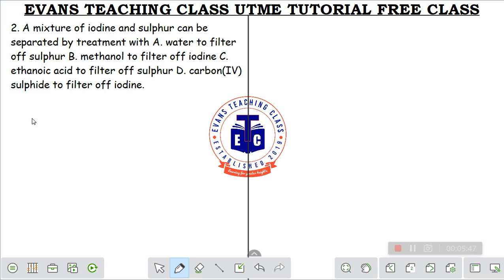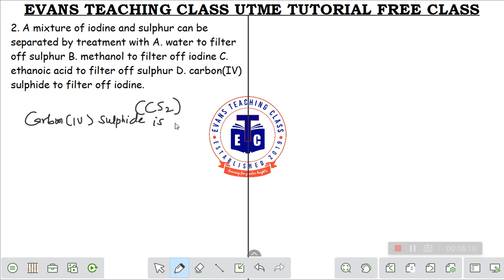For iodine, you need to look for something that's going to dissolve sulfur. Now what do you think can dissolve sulfur? The answer is carbon disulfide. This is the formula for carbon disulfide, CS2.